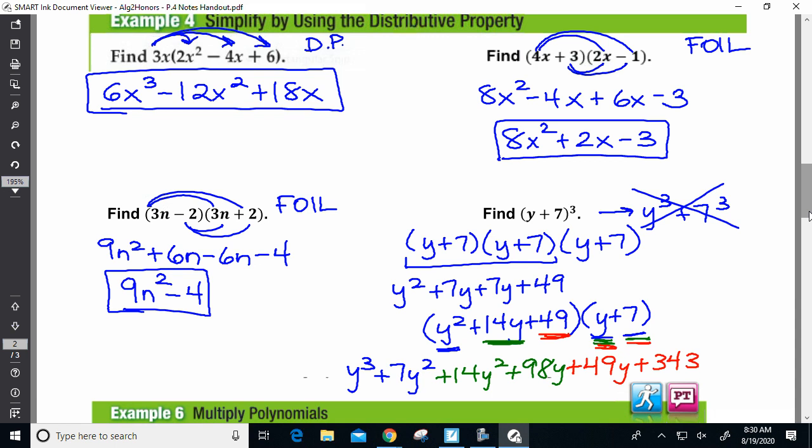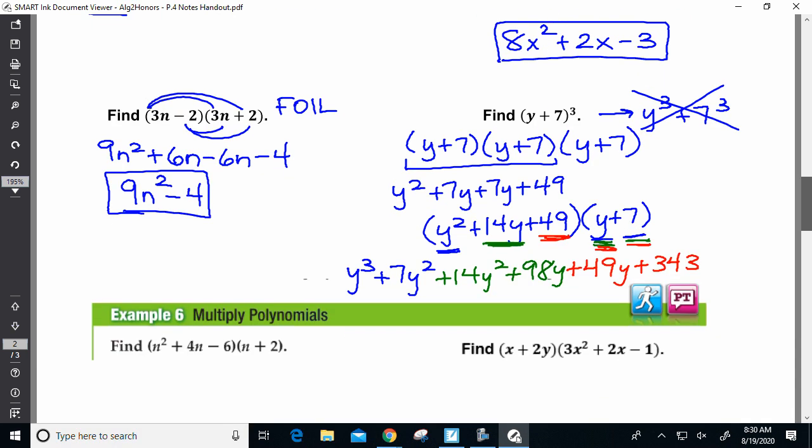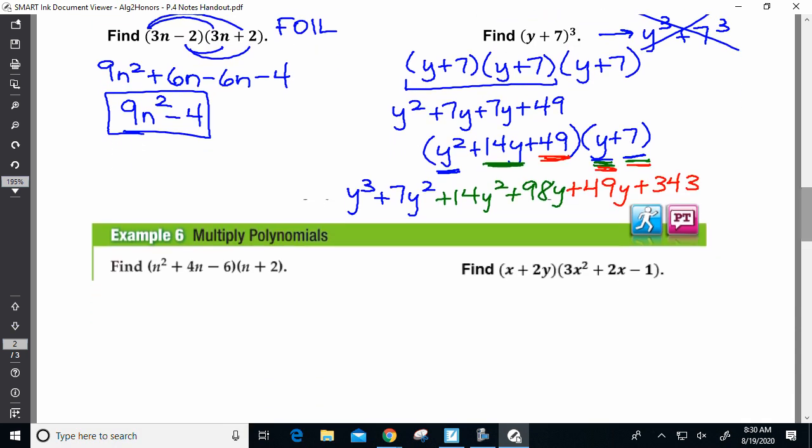So now all that's left is to combine the like terms. So we've got y to the third power plus 21y squared. 98 and 49 is 147. 147y plus 343.